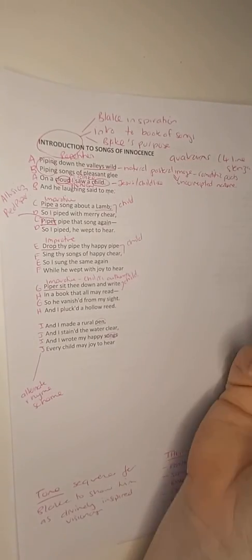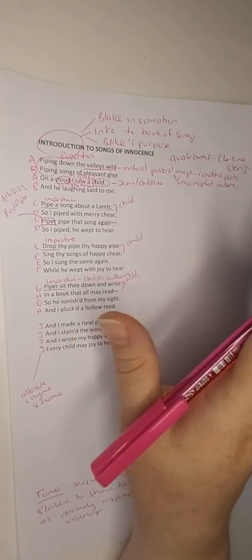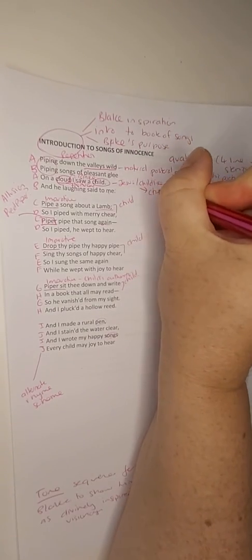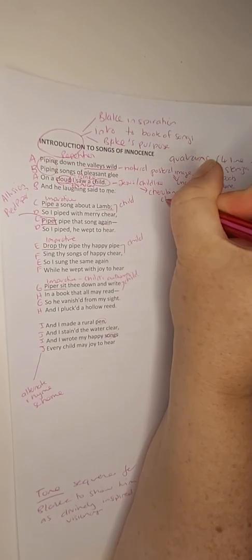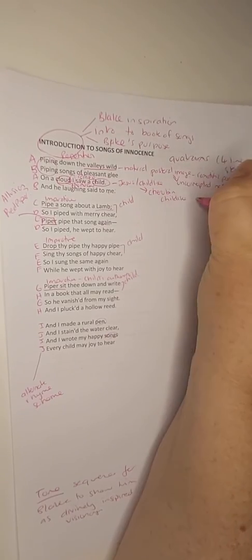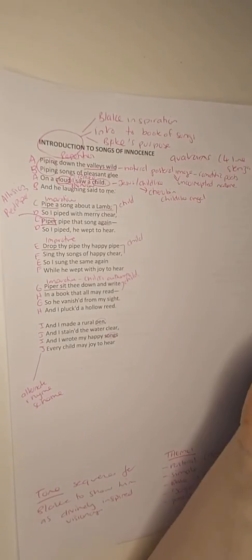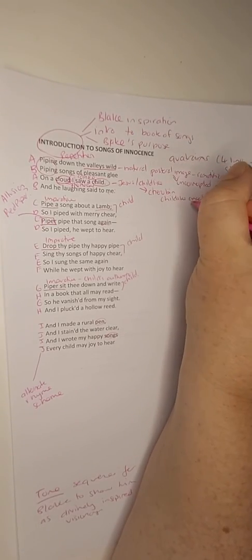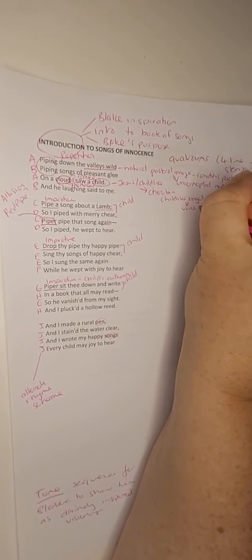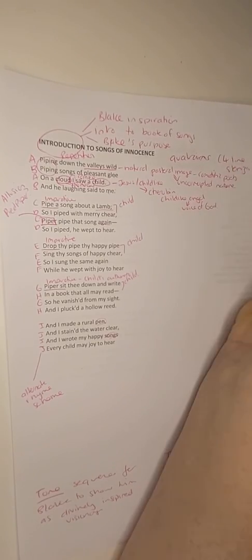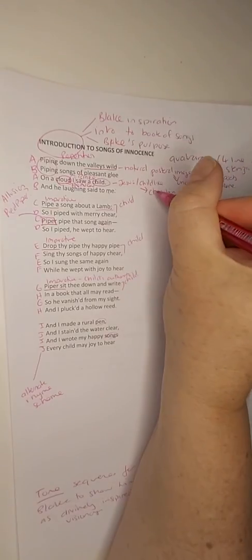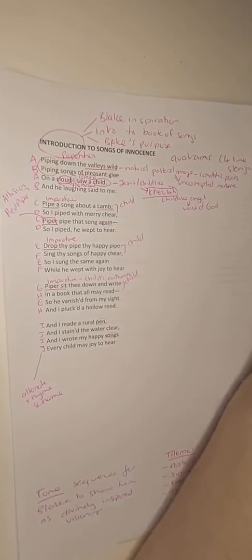But I think the later reference to the lamb probably negates that. I think this is probably more like a cherubim, which is a childlike angel that appears a lot in religious literature. And of course any angel is the voice of God. So any angel that appears to you will speak with the voice of God, the messengers of God. In this case, it's a childlike version, a cherubim.